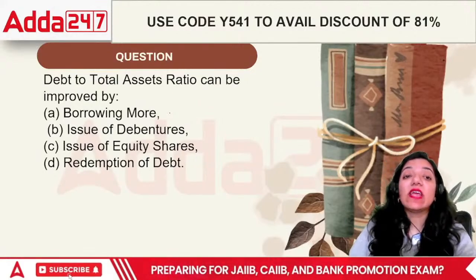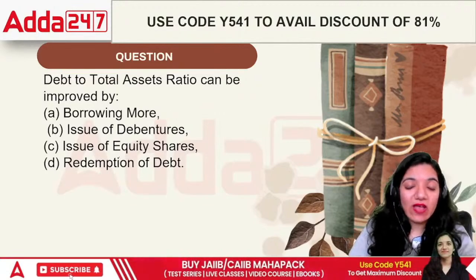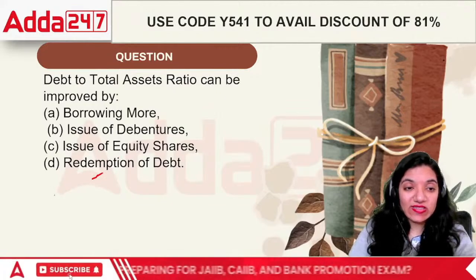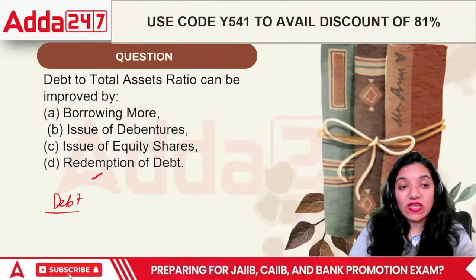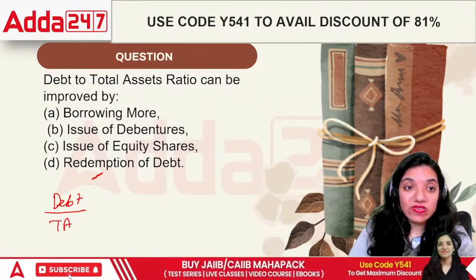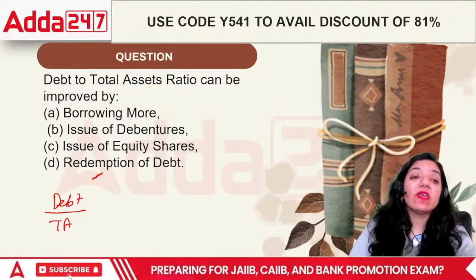Next question: debt to total asset ratio can be improved by. How can we improve the debt to total asset ratio? This ratio states that this portion is debt, and the assets are built up by adding total assets to the business. So, debt to total assets of the business. Now, how can we improve this?